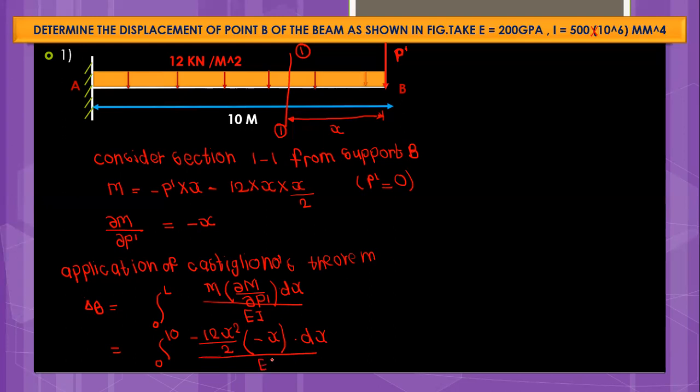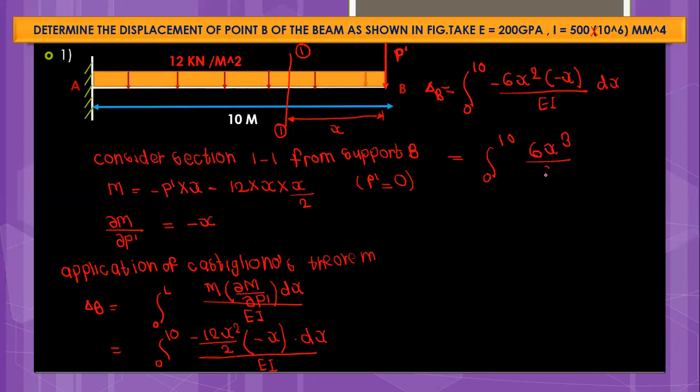So integrate this, and let's consider this as delta B. From 0 to 10, this is minus 6x square into minus x upon EI into dx. Minus minus gives plus, so 0 to 10 of 6x cube upon EI into dx.